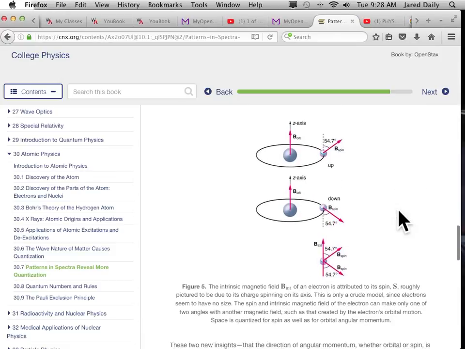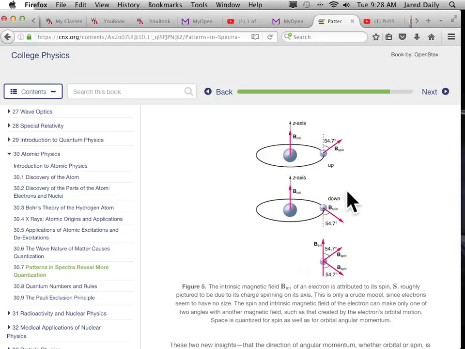Here they show all kinds of representations of how these angular momentums and spin might be related to classical physics, of course. You know, the electron going around the nucleus is kind of like the angular momentum, and a spinning electron might have something to do with this spin.